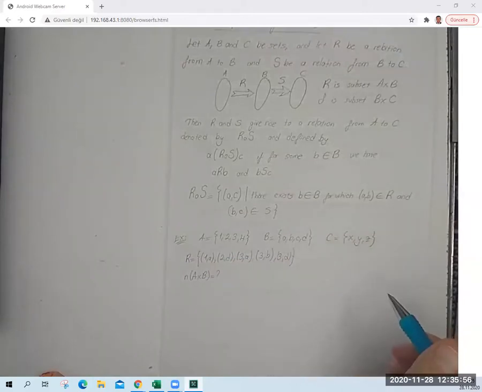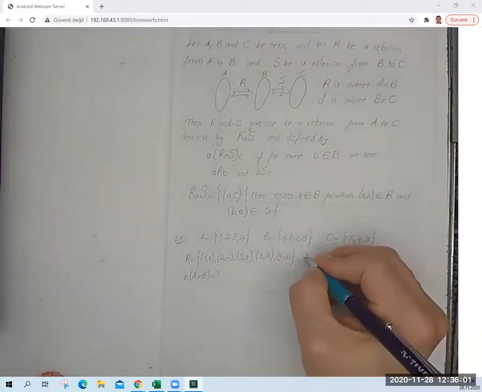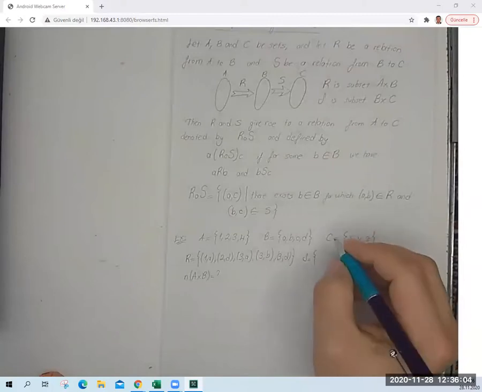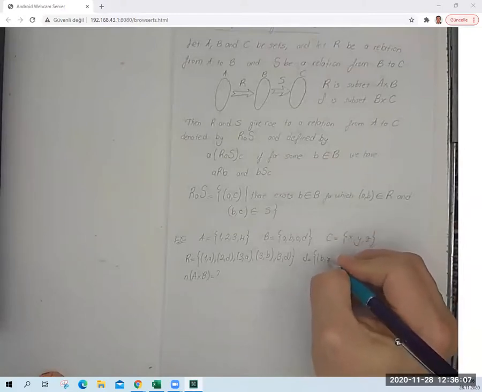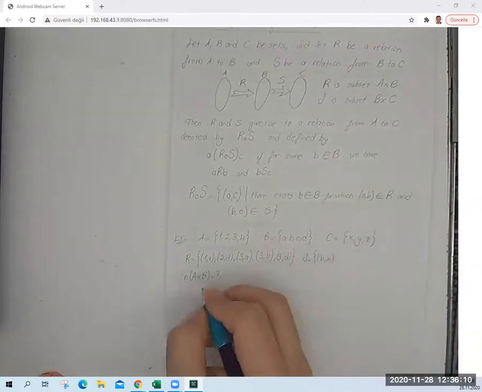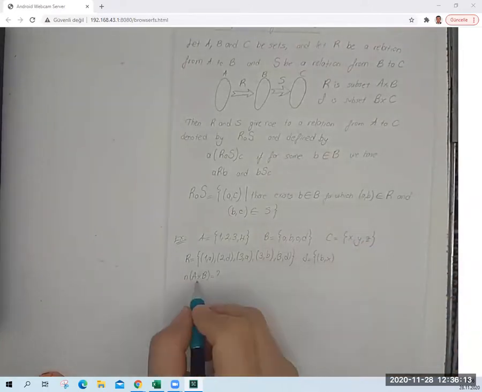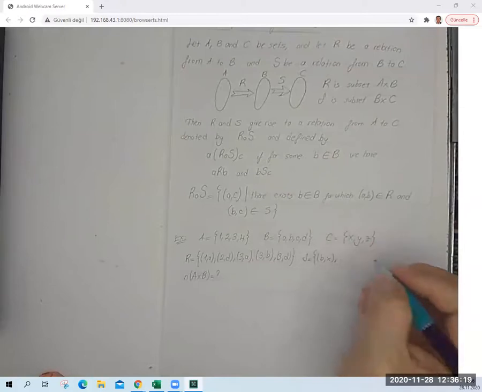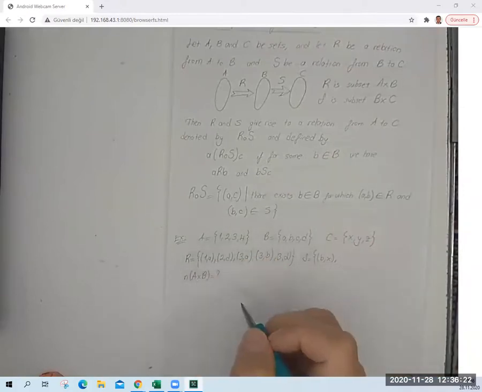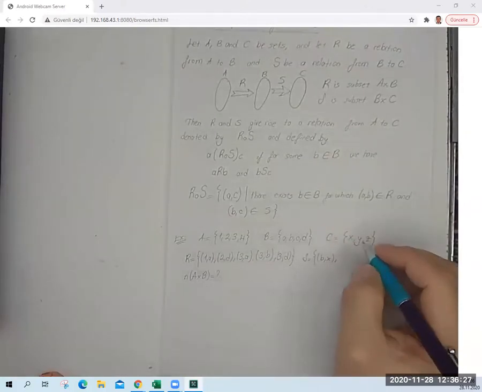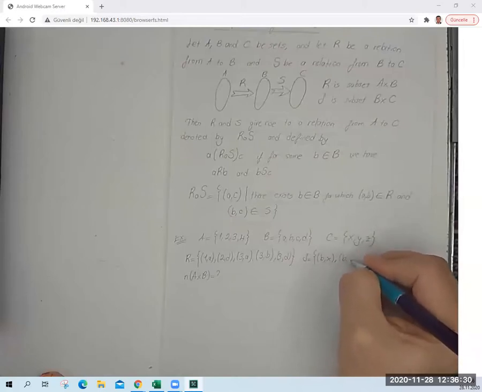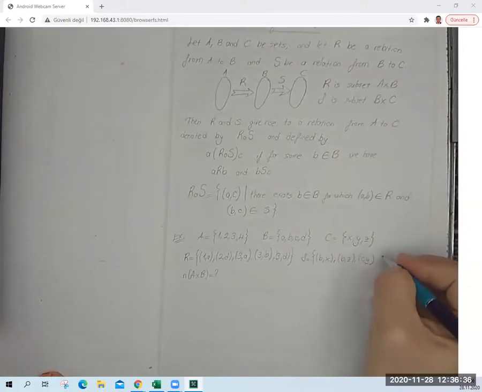And there is a relation from B to C, S, with pairs BX, BZ, CY, and DZ. Okay, who is going to answer that? 16, yes, exactly. So R is a subset of A product B, right?